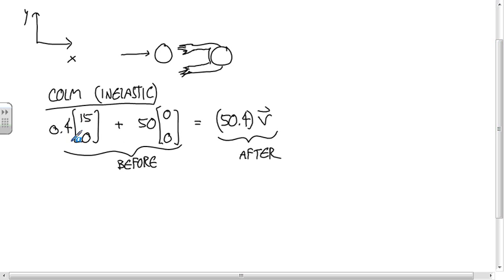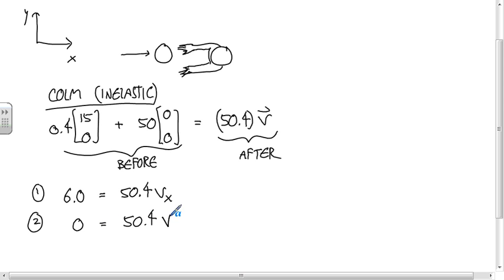Okay, so the first equation here says 6.0 is equal to 50.4 Vx. The second equation says 0 is equal to 50.4 Vy.